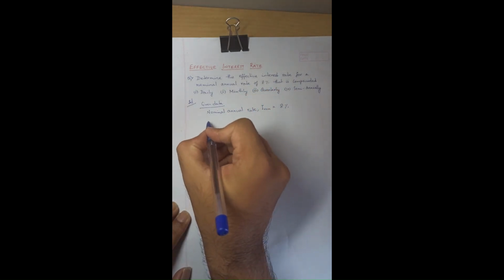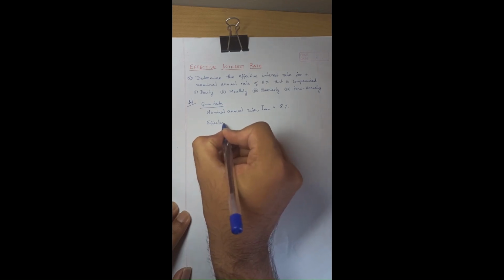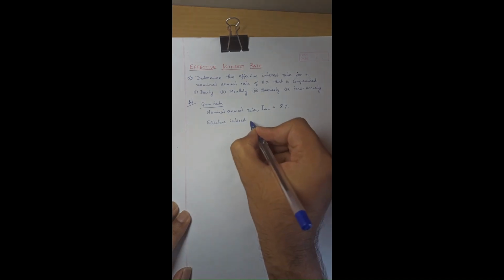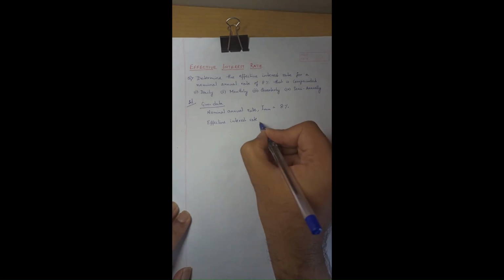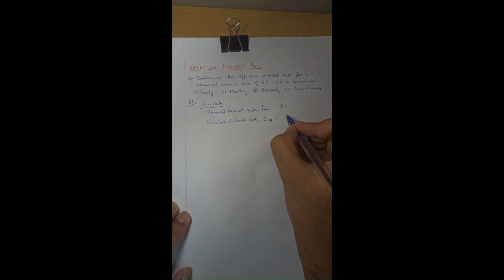So the effective interest rate, which is denoted as IEFF, is equal to the equation (1 plus I nominal divided by M) whole to the power of M, minus 1.